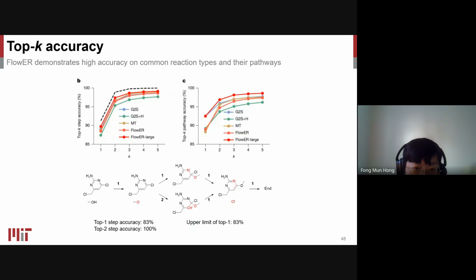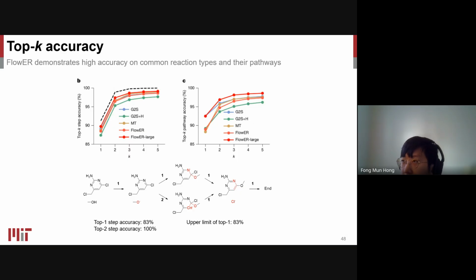All right, so for the top-k accuracy over here, we demonstrated that Flower matches or outperforms Graph2SMILES a little bit in terms of prediction. This is mainly why we have Flower and Flower Large here. We noticed that this Flower model is a relatively small model.